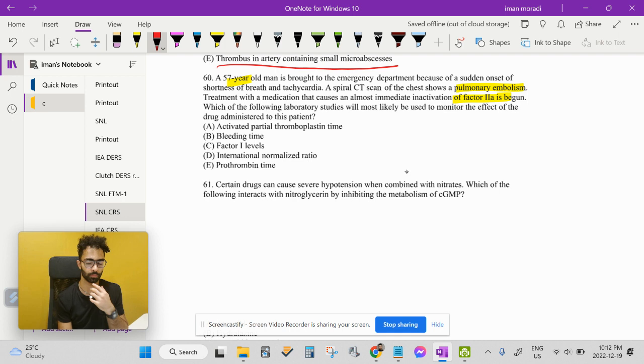Let's see what the question asks. Most likely used to monitor the effects of the drug administered in this patient. What do we use?